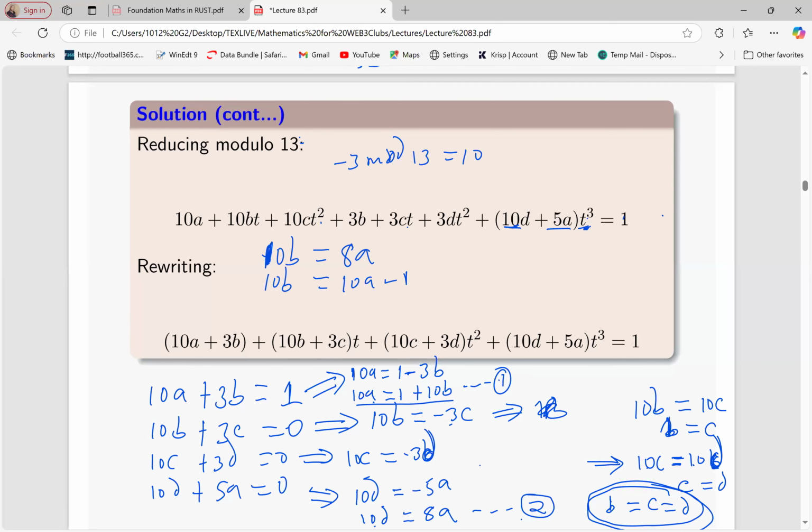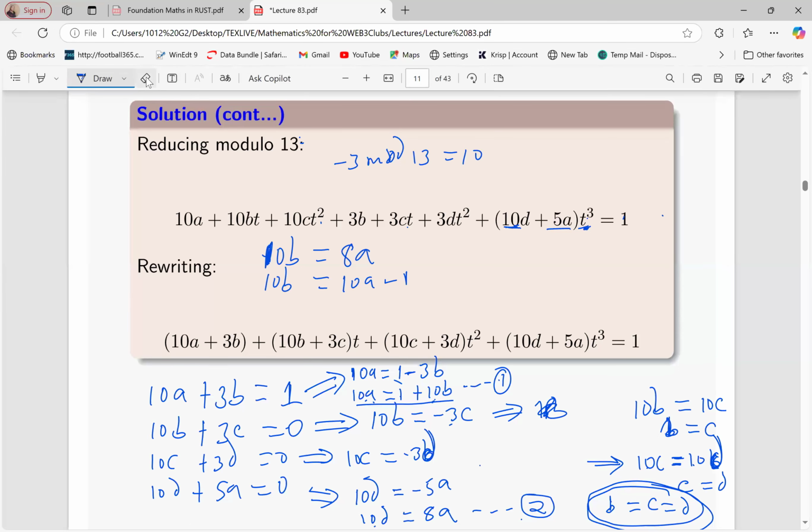I don't know whether you've seen what I've done. What I've done is 10b here is equal to 10a minus 1. You can write 1 or 12; negative 1 and 12 is the same because we are working mod 13. Let me leave negative 1 there.